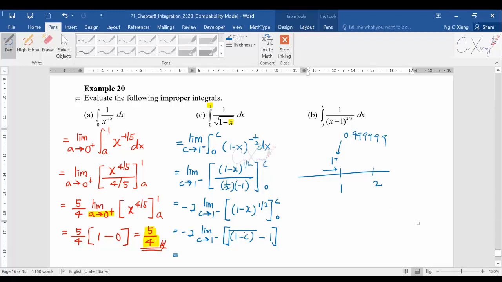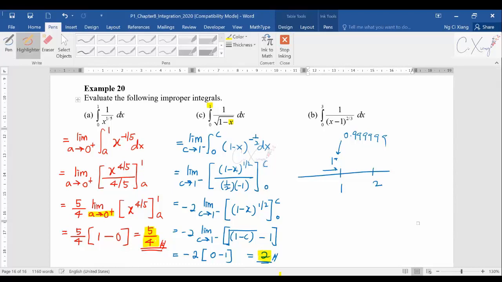When you look at 1 minus 0.9999999, it becomes a very, very small value. When you take the square root of a very small value, you get 0. Therefore, you have negative 2 times 0 minus 1, and eventually you have 2 as the limit of your equation.